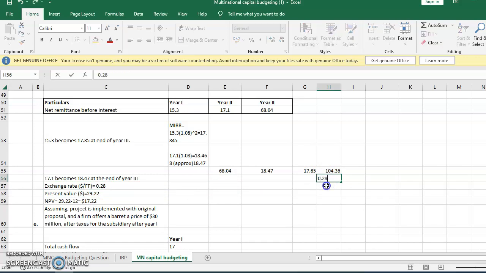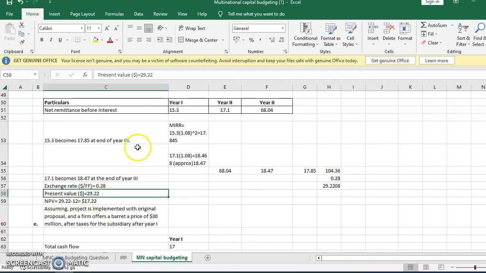Naturally the answer should be this multiplied with this. So the net present value is 29.22 minus the initial investment, which is 12, which is equal to 17.22. So the answer is also positive with the third case.